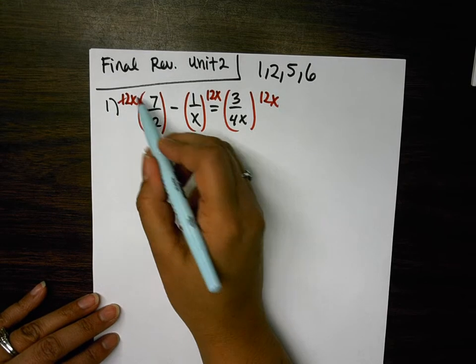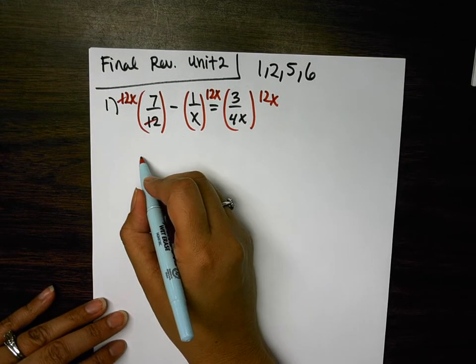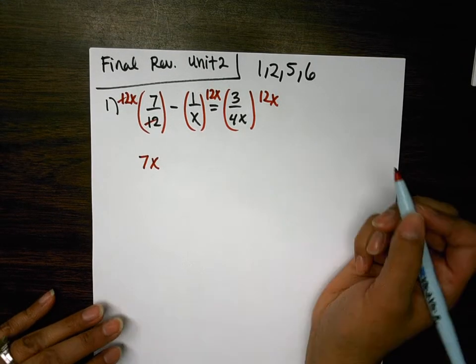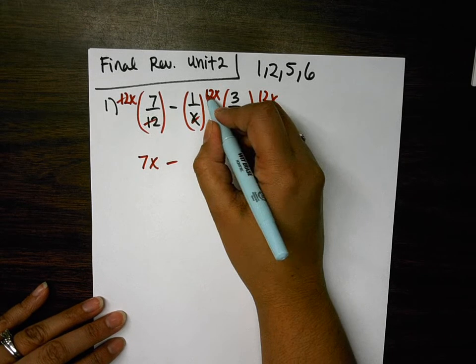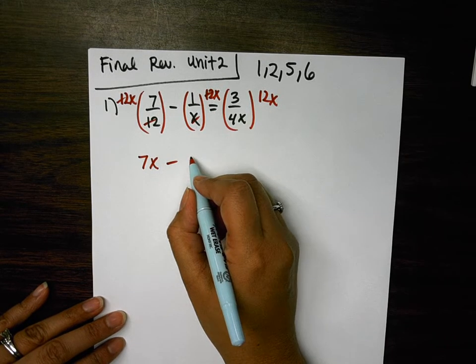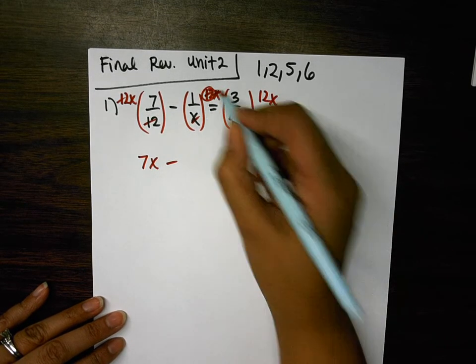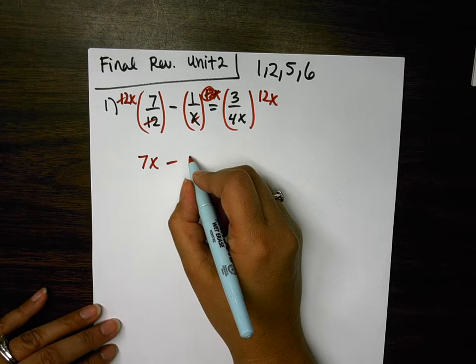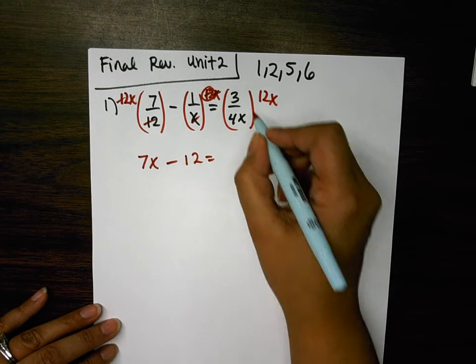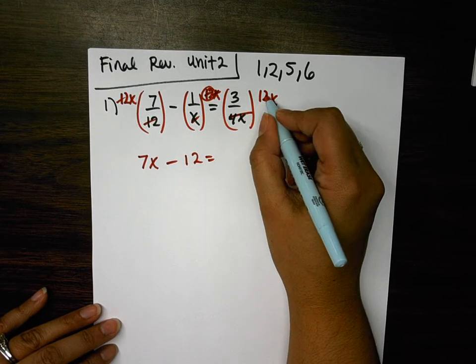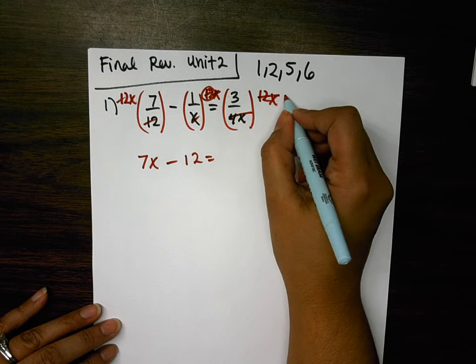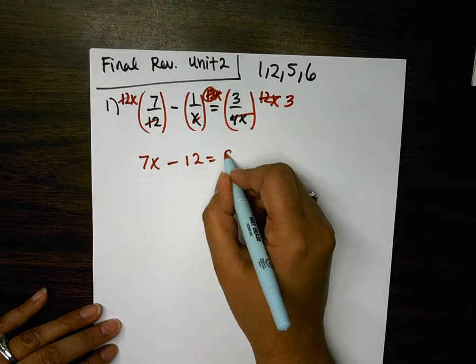All right, so the 12's reduced, leaving behind what? 7x minus... Oh, crossed out the wrong thing, sorry. Minus 12 equals 4x reduces with 12x and makes it a 3, and it's just 9, right?